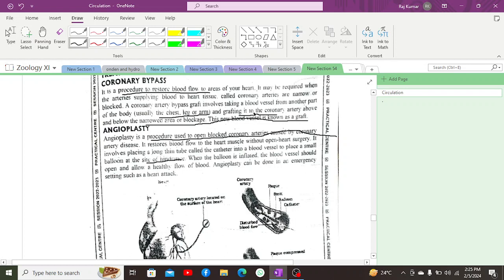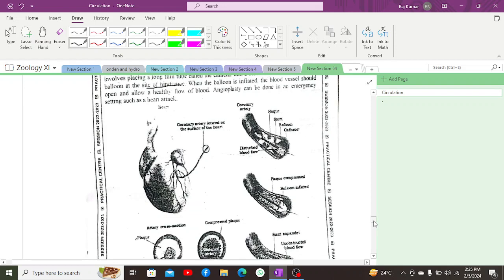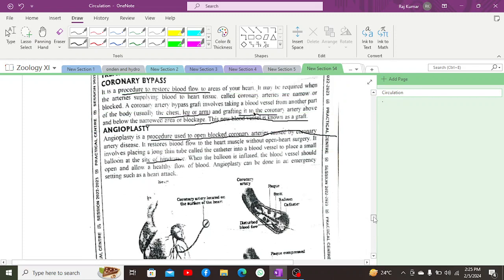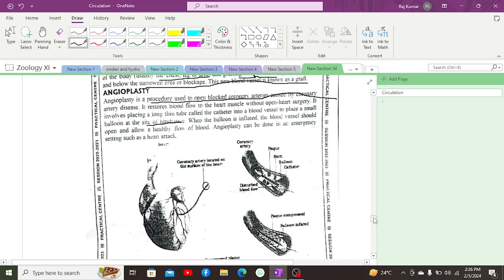When the balloon is inflated, the blood vessels should open and allow healthy flow of blood, such that as the balloon expands upon the filling of air into it, it will cause the plaque to expand as well, and the blood vessels to expand as well, due to the elastic nature.